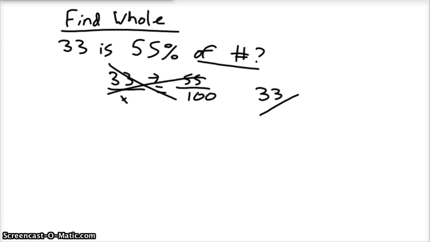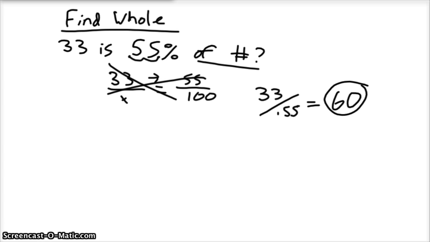So 55% as a decimal, we just move it 2 places back, would be 0.55. Plug that into your calculator, and we would get 60. So that's saying that, for example, 33 out of 60 is the same as 55%.